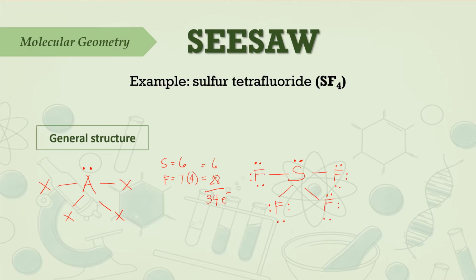So it's still correct that sulfur in here has 2, 4, 6, 8, and 10 electrons. So this structure is still correct. And all in all, if you are going to check, we already put the 34 electrons. And since the central atom has a lone pair, this structure therefore is polar. Therefore, sulfur tetrafluoride is a polar molecule.